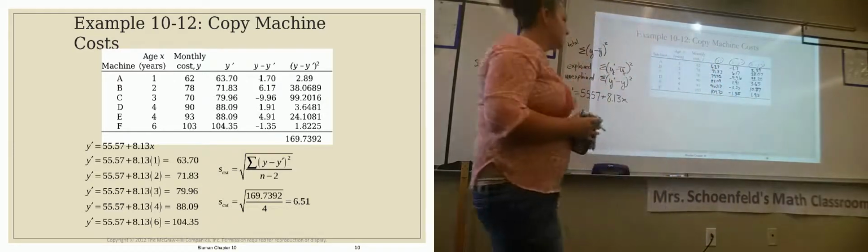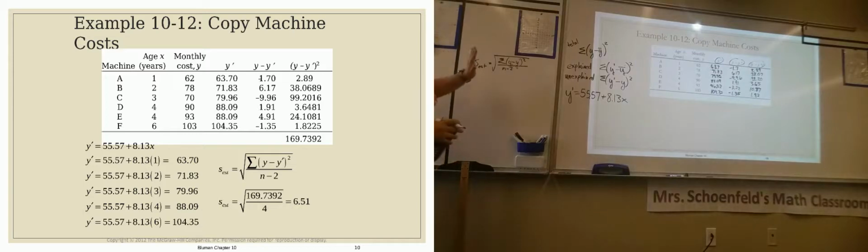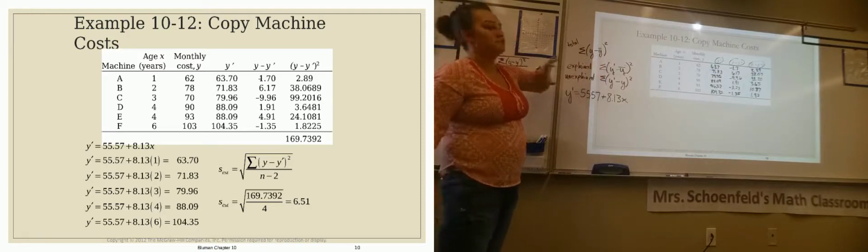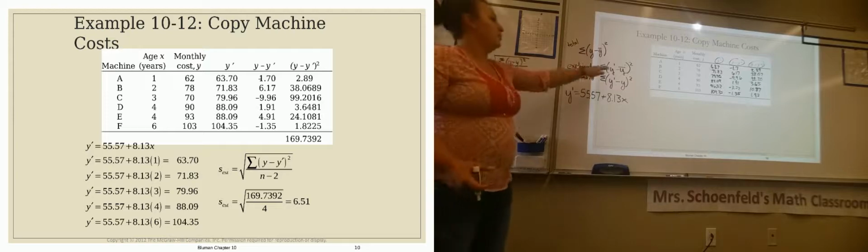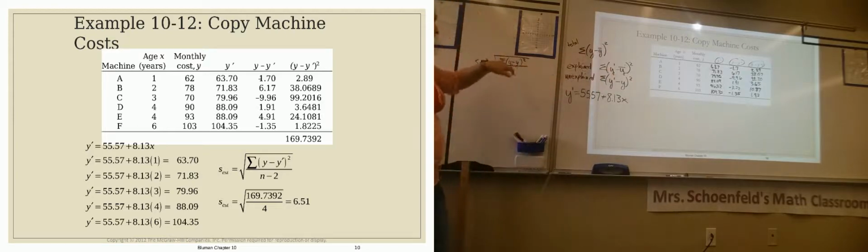So I have all of these things. So finding the standard error of the estimate, I need to basically make columns for each of these things, whatever they happen to be. If I needed a y bar, I would just write my y bar to remember to subtract it. Then over n minus 2. How many data points did I have? I had 6 data points minus 2.